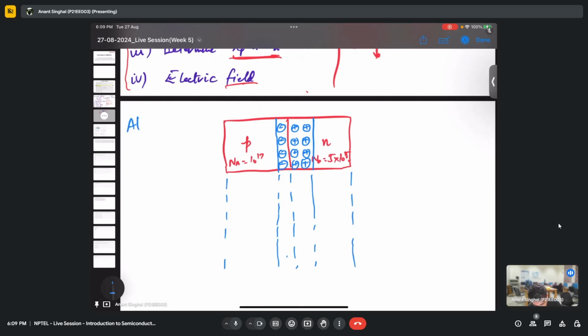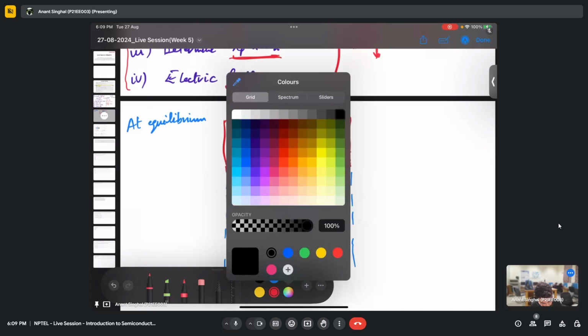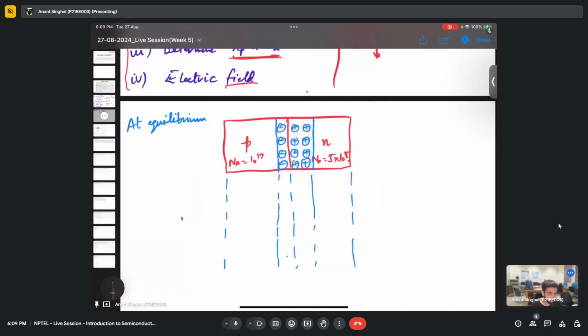This is again a reminder that this is at equilibrium. So at equilibrium, can anyone quickly tell how the Fermi level will be? A bit quicker. At equilibrium, can someone tell the Fermi level, how it will be? Middle of the junction.